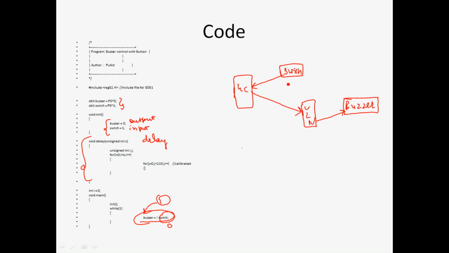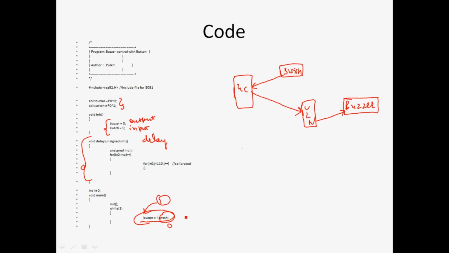So this is a whole cycle where, starting from the switch, the microcontroller processes the signal coming from the switch to the input port, input pin, and then it transfers this signal to the ULN IC, which again amplifies the signal according to the rating of the buzzer or any other device connected to this.